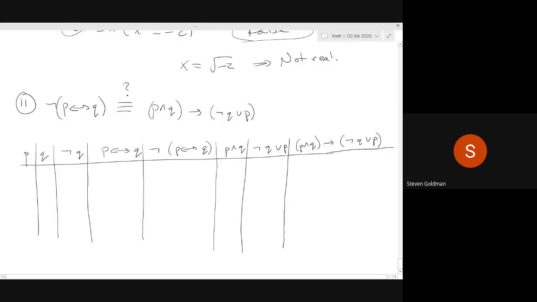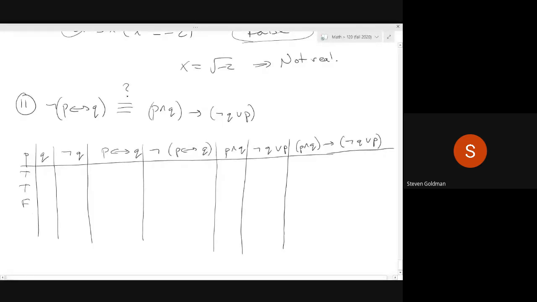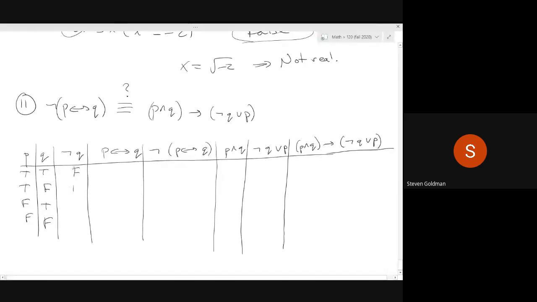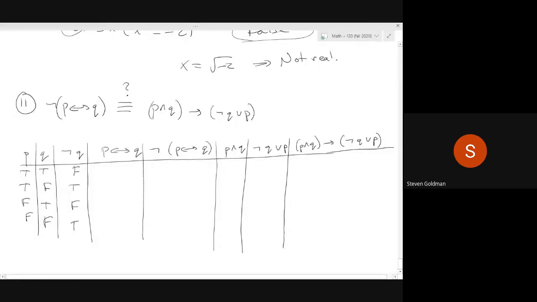Let's start filling it in. So P, 4 possibilities, true, true, false, false. For Q, true, false, true, false. Okay. That gives us our 4 possible cases. Not Q will be the opposite truth values of Q. So false, true, false, true. Okay. P if and only if Q will be true whenever P and Q have the same truth values.